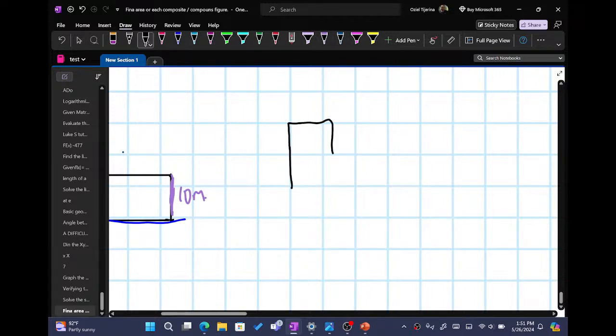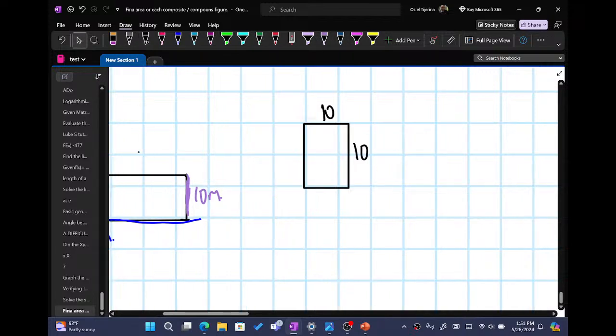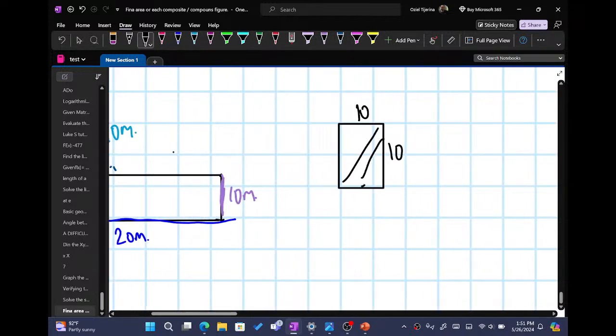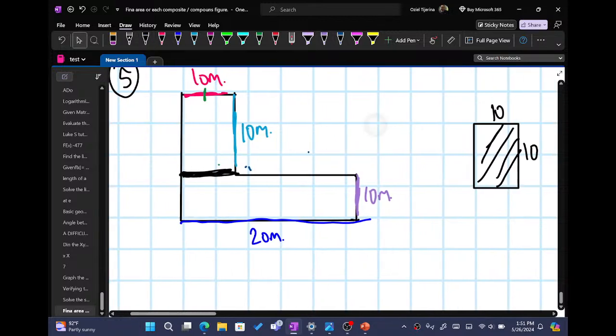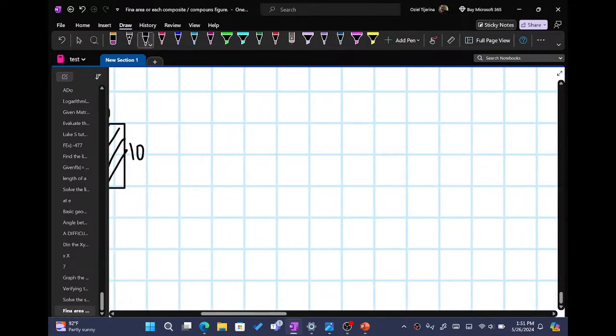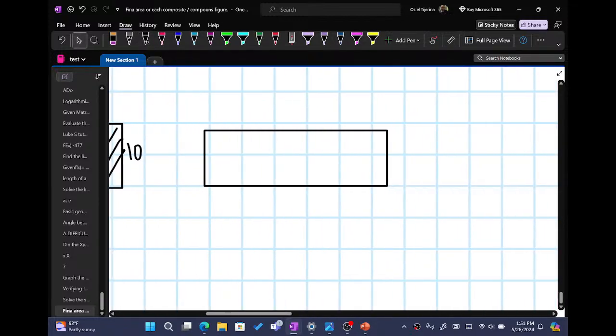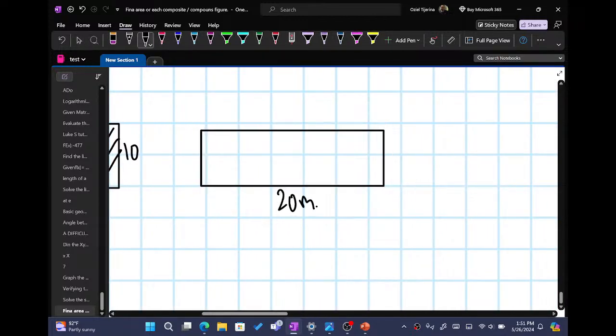We're dealing with one that looks like this, that has a side length of 10 and 10, right? So that's one part. And then the other part is a rectangle that's horizontal, with a long horizontal width. It's 20 meters on the bottom and 10 meters on the side.